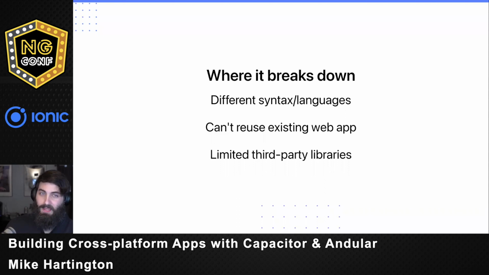So if we were to say need a Canvas API, we're going to have to find a package that is specific for these targets versus just saying, oh, I can find a Canvas API on npm, and there we go. I can add it to my project, and it just works. These type of approaches of compile to native don't necessarily bring the benefit of what web development can give you. So you're isolating yourself into this very specific silo.